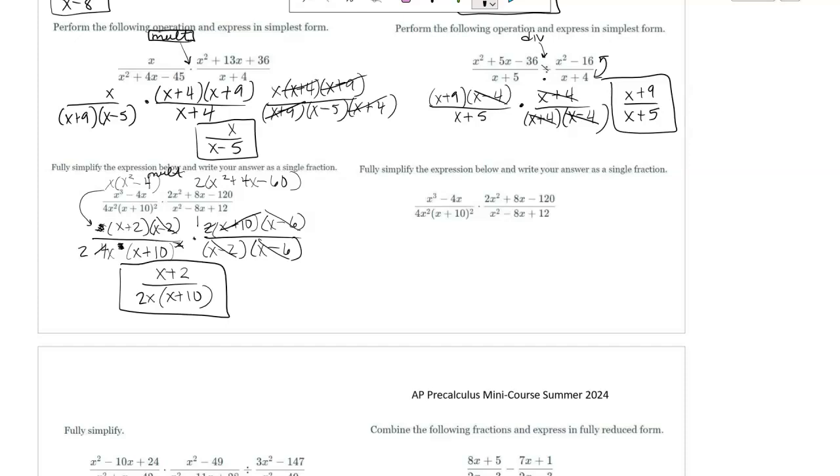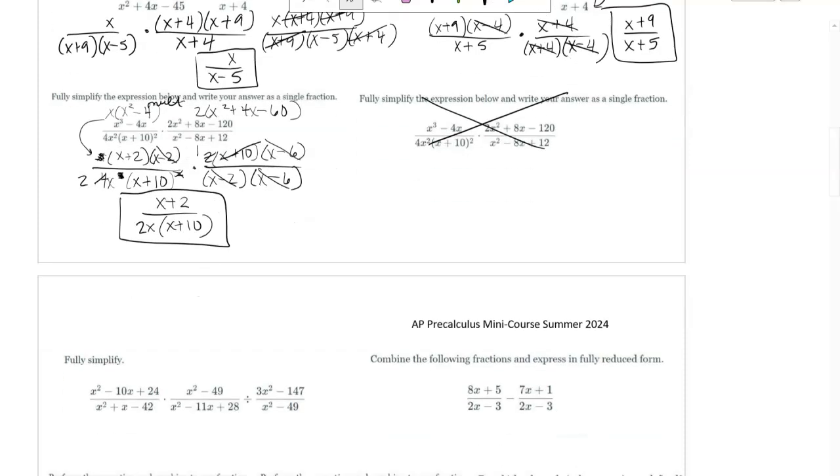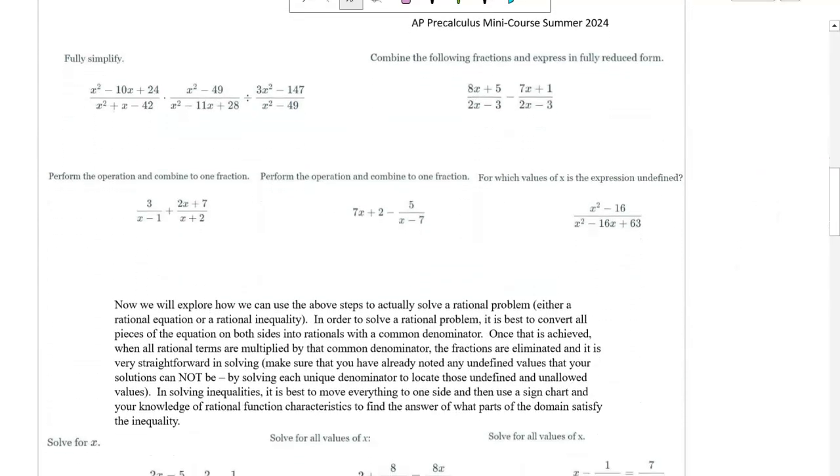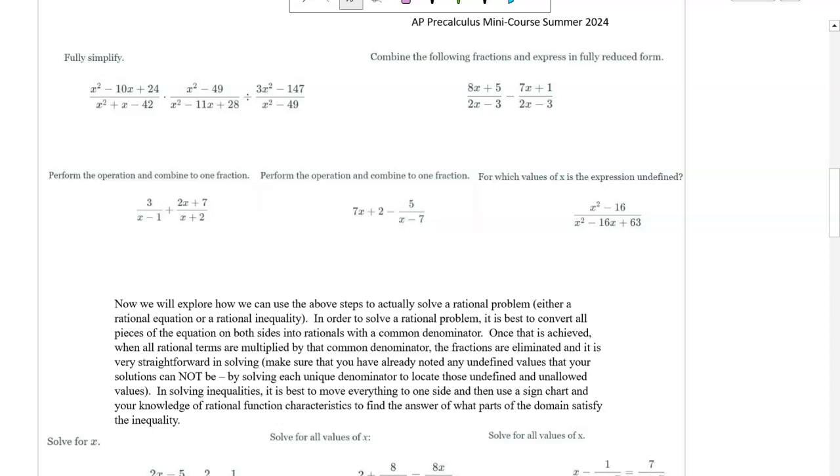What I meant to do. Okay, well, I guess we're just going to skip that one. So that's fine. We didn't really need it anyway. I was just giving a lot of examples.